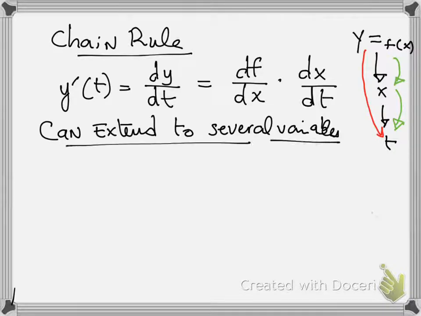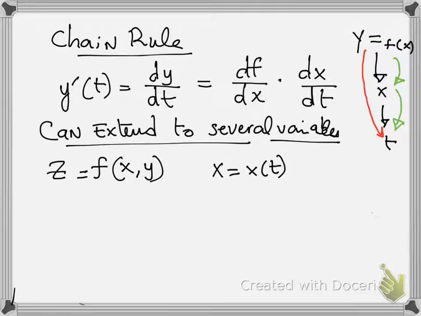Okay. So now let's say we have a function f of two variables, x and y, not just a single variable, but two variables. So that will be z. So z is equal to f of x, y. And let's say x is a function of t, so x is x of t. And y is also a function of t, so y is equal to y of t.